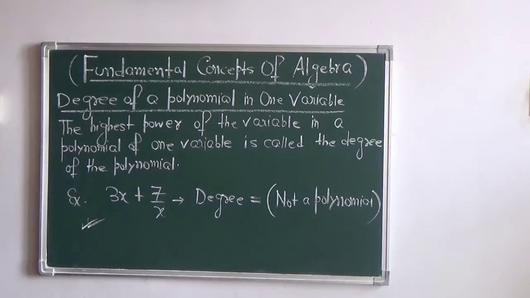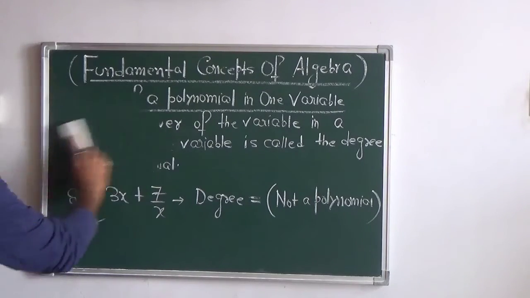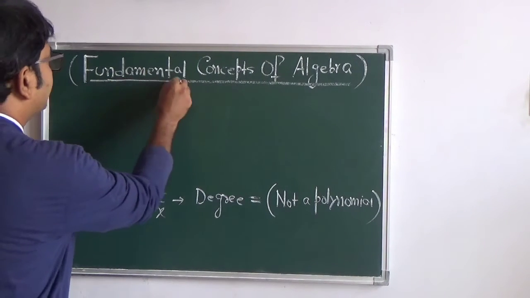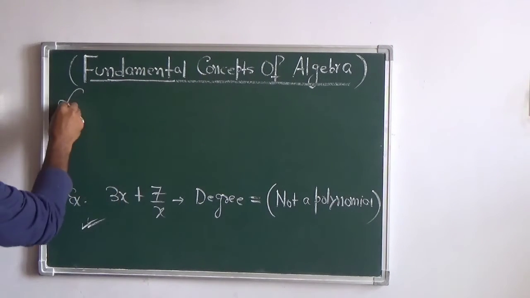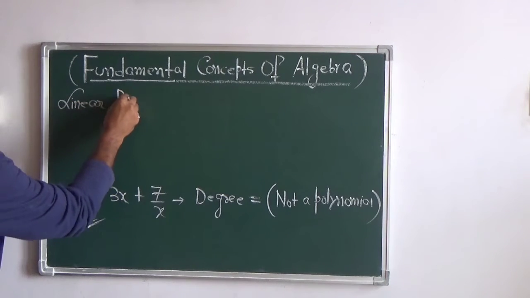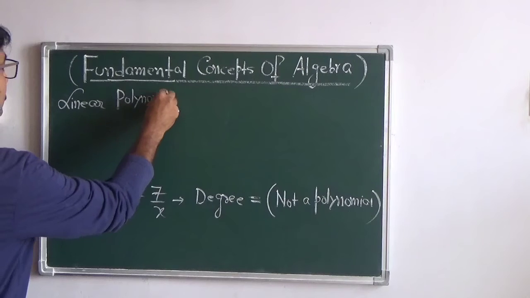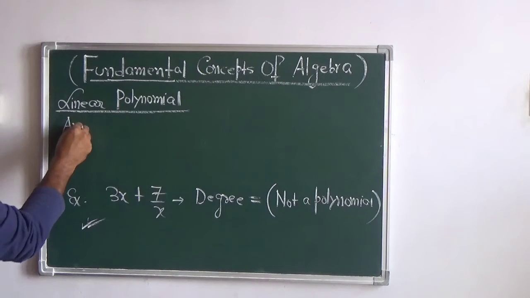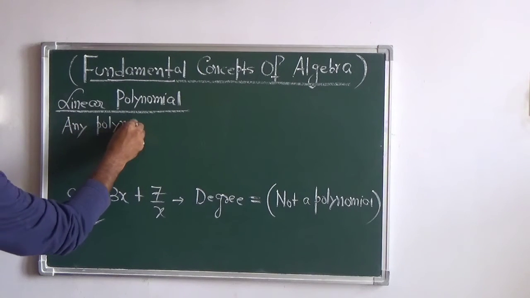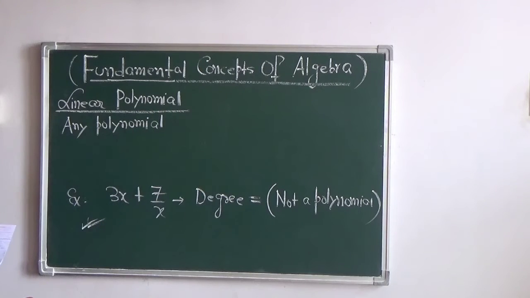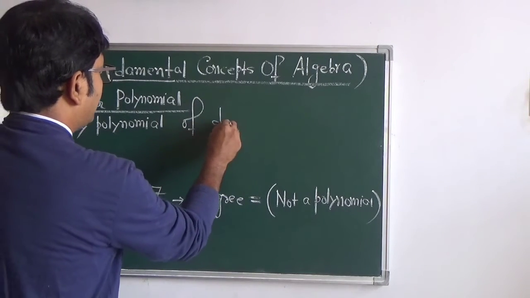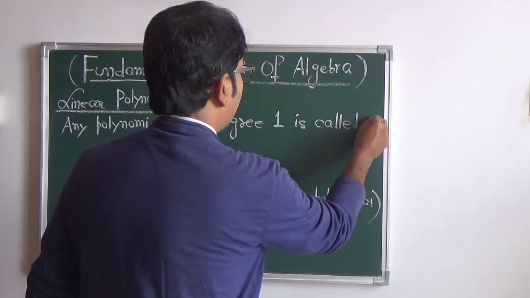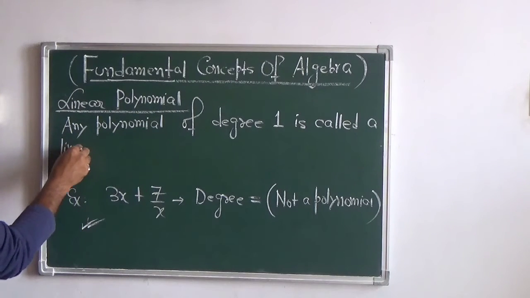Excellent. So now we move on to the next definition, what is called a linear polynomial. Any polynomial of degree 1 is called a linear polynomial.